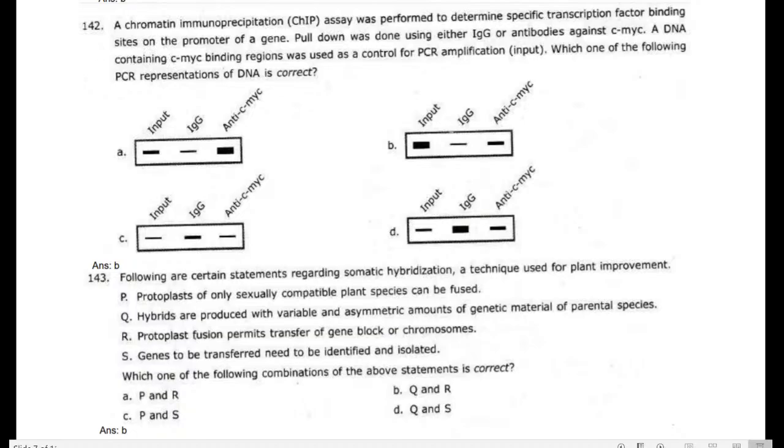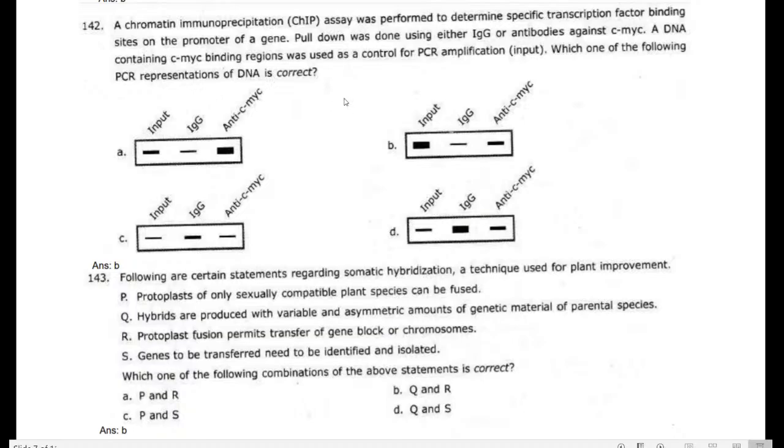Pull down was done using either IgG or an antibody against c-Myc. A DNA containing the c-Myc binding region was used as a control for the PCR amplification. Which one of the following PCR presentations of the DNA is correct?